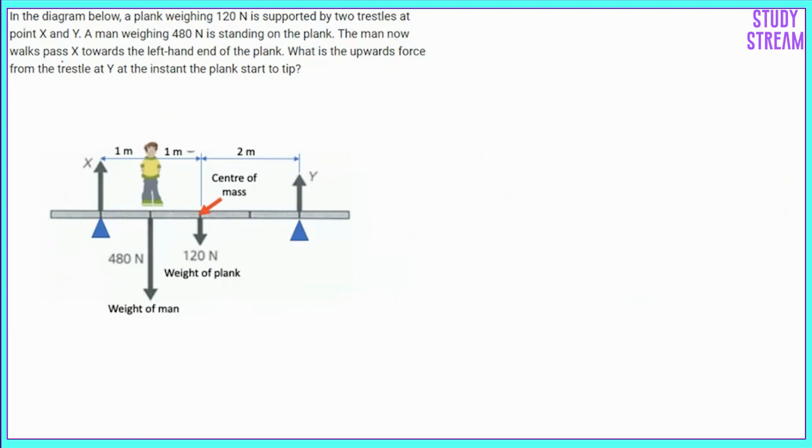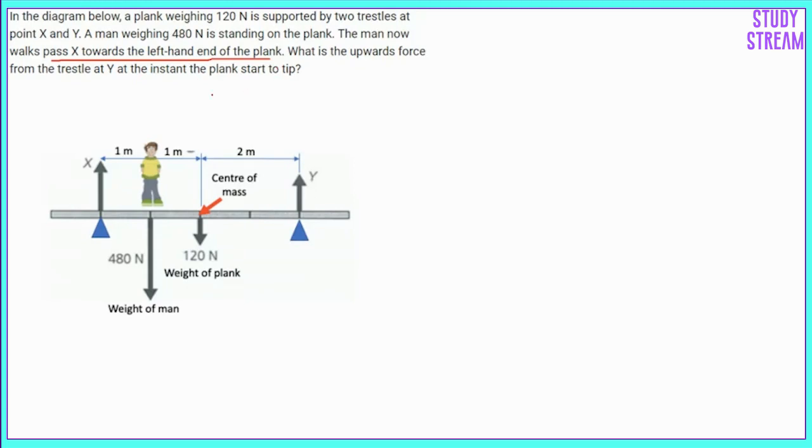The man now walks past X towards the left hand end of the plank. What is the upward force from the trestle Y at the instant the plank starts to tip?